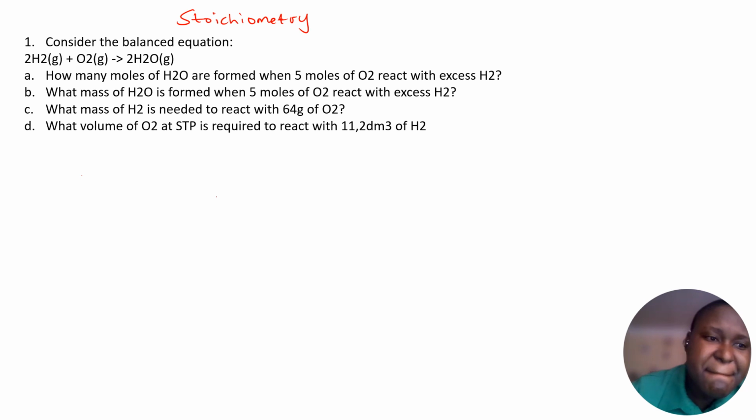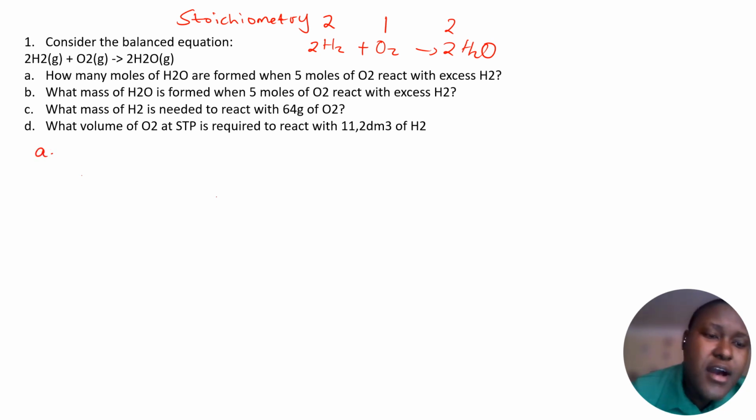Let's see. So you have H2 plus O2 giving you H2O, that is 2 there, and that is 2 there. So the ratio will be 2, 1, 2.